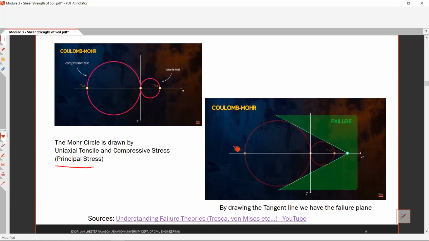Then by drawing the tangent line, we have the failure plane. This one is the failure plane. So anything above or within this area, we can say that our soil is not safe or fail, di ba? So anything inside this failure area is not safe.